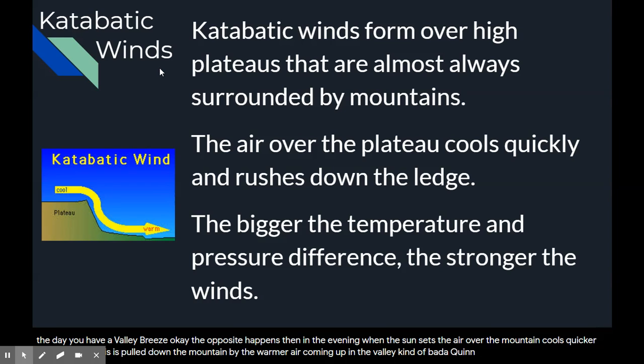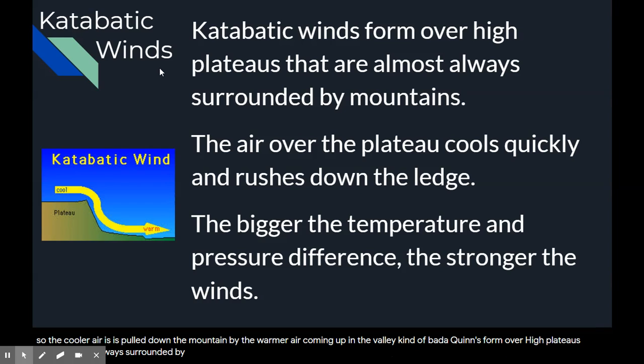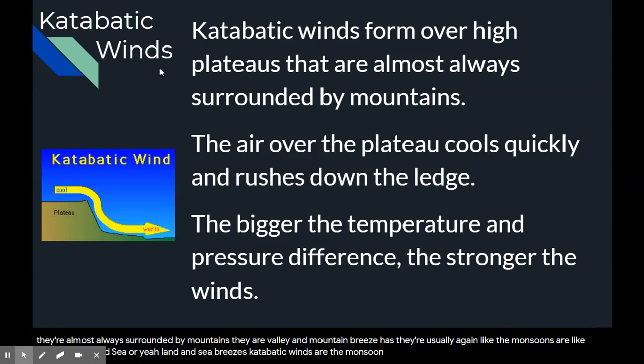Katabatic winds form over high plateaus. They're almost always surrounded by mountains. They are valley and mountain breezes. They're usually, again, like the monsoons are like monster land and sea breezes. Katabatic winds are the monsoon of the valley and mountain breezes.